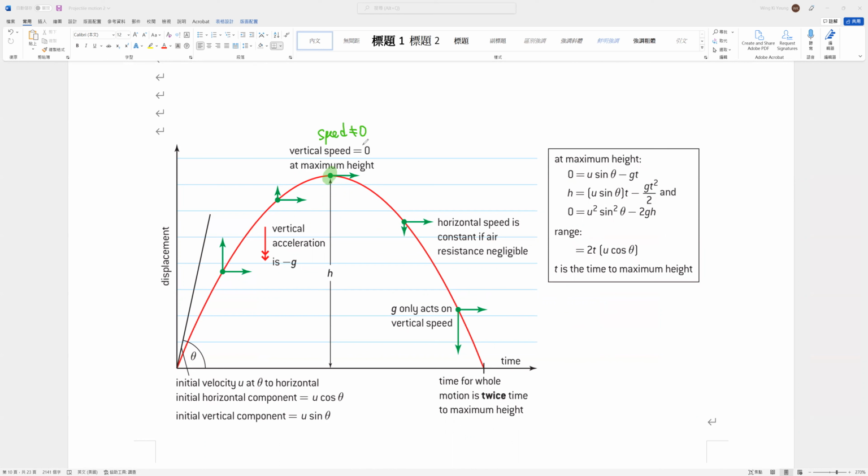If the speed were really 0 at the highest point, then the ball would just drop vertically downwards. It's not a projectile then, and it would not go forward. We just say that the vertical speed is 0 at the highest point. So that means Vy is 0.